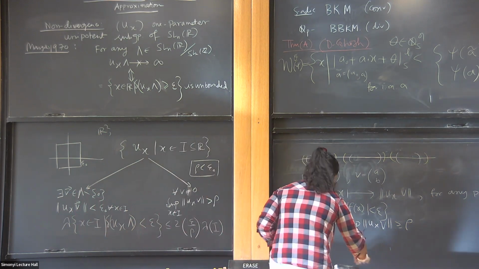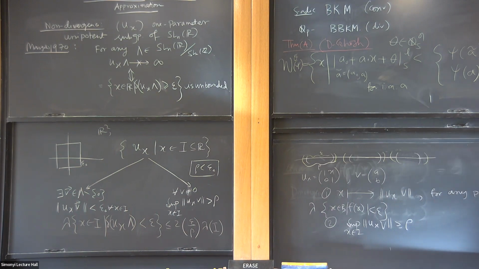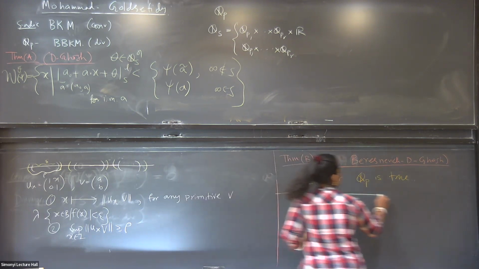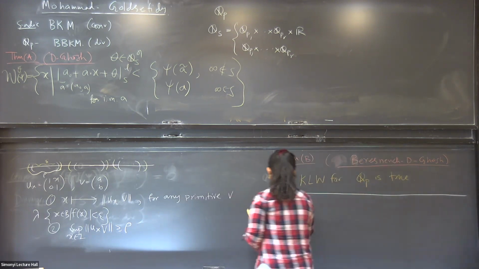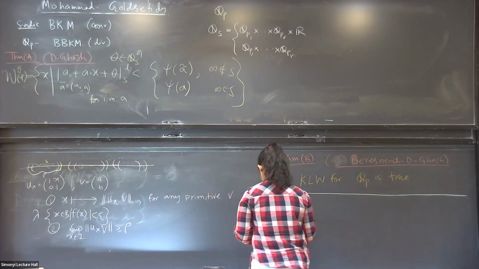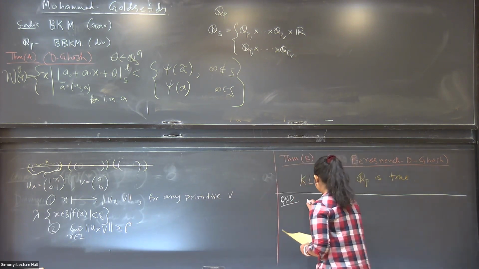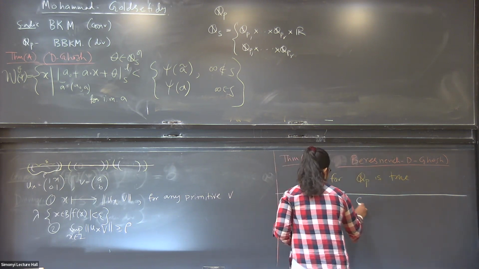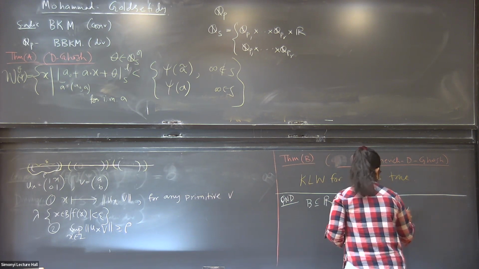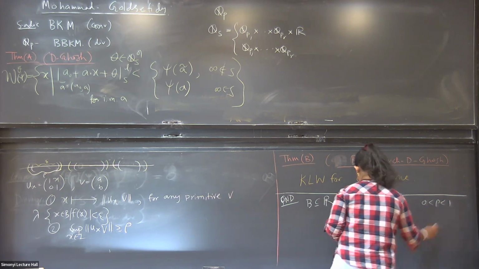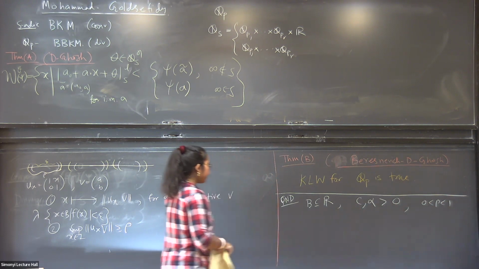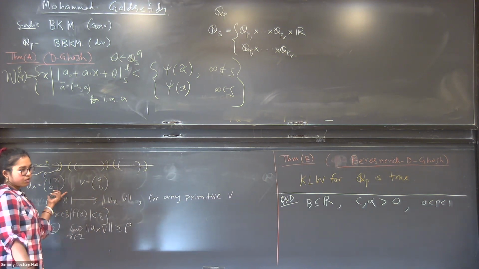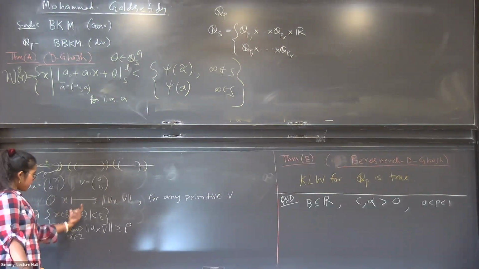Okay, so I should write down the statement of quantitative non-divergence. So let's say B is an interval in R and C and alpha are positive numbers. Another thing is that here we are not really using the fact that u_x is this. So we are using these two properties.